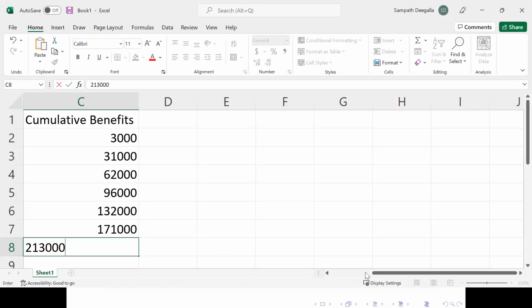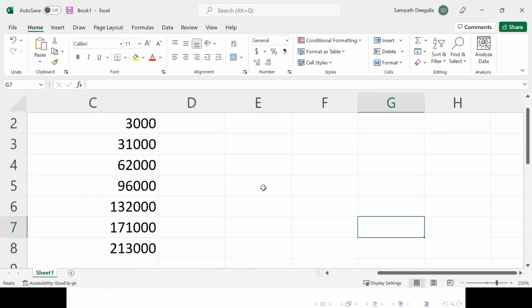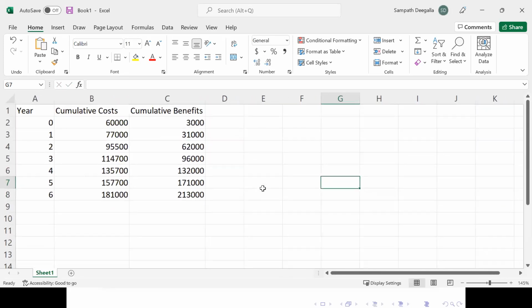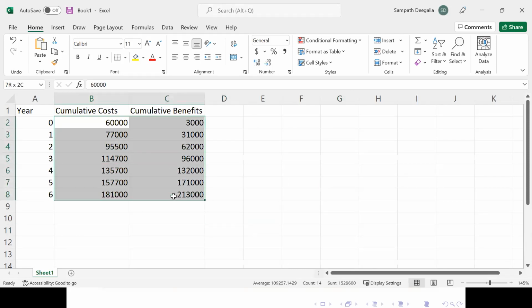Right? This is what I have. Now I can have a graph.